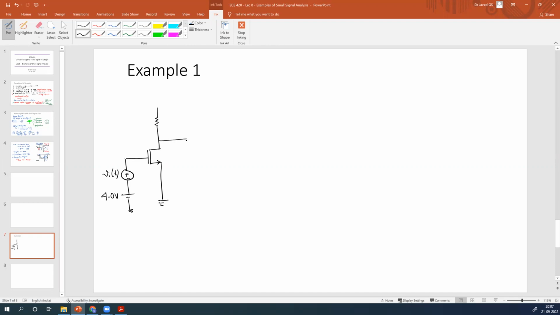The output is drawn on the drain side, given as vout of t, again a time varying quantity, where the DC signal is VDS at the DC operating point. Around it, there is an output signal. The constant mu n Cox W by L is equal to K, given as 0.25 milliampere per volt square. Vt is equal to 2.0 volt.